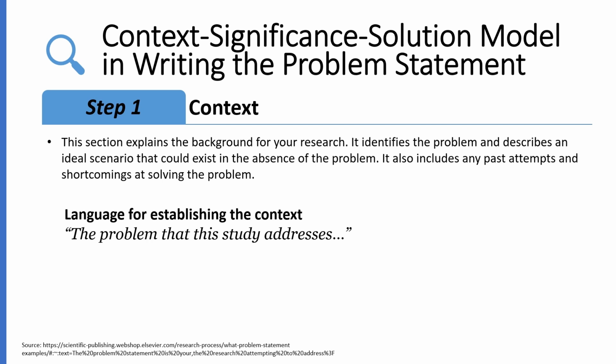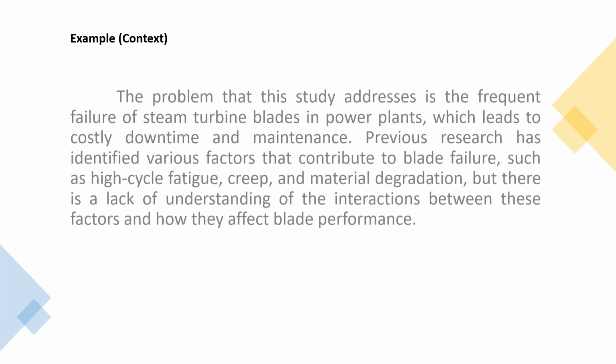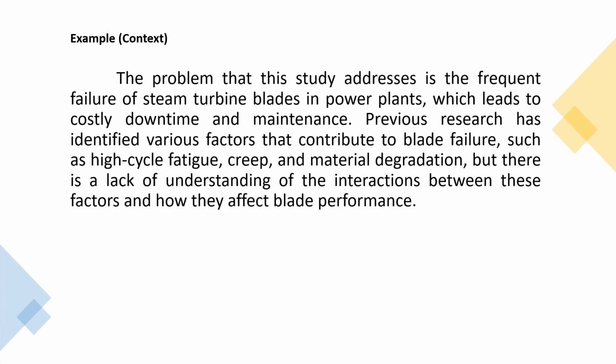So here you begin with a clear indication that the problem statement is going to be discussed next, as you are now saying that the problem that this study addresses. So in this prompt, the reader will be informed of what to expect next. So for example, the problem that this study addresses is the frequent failure of steam turbine blades in power plants, which leads to costly downtime and maintenance.